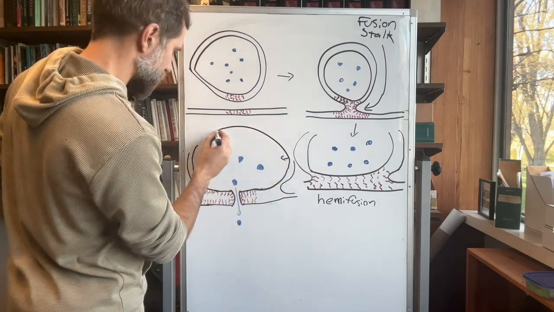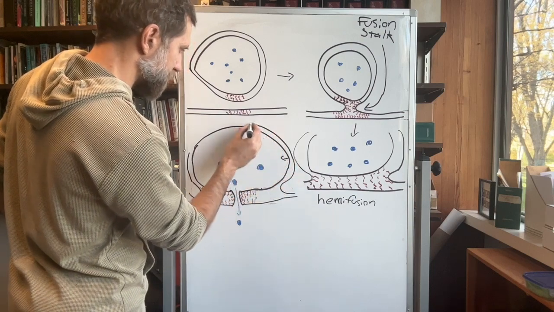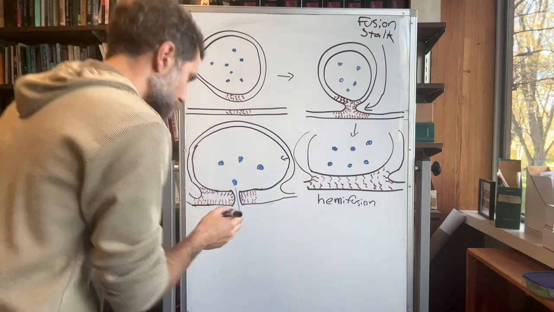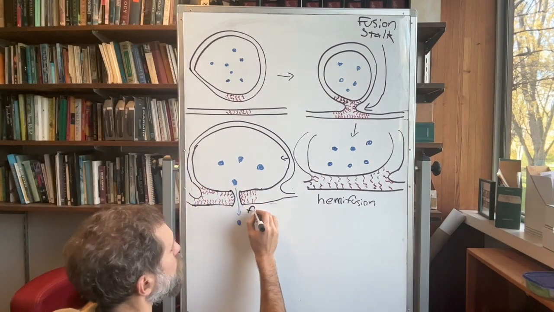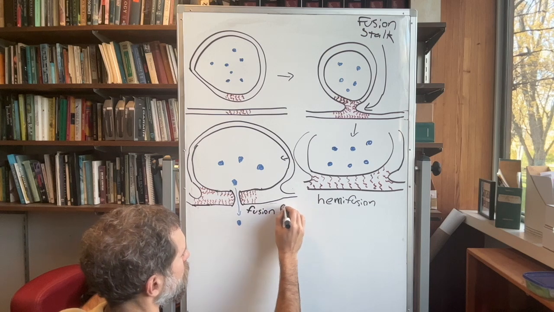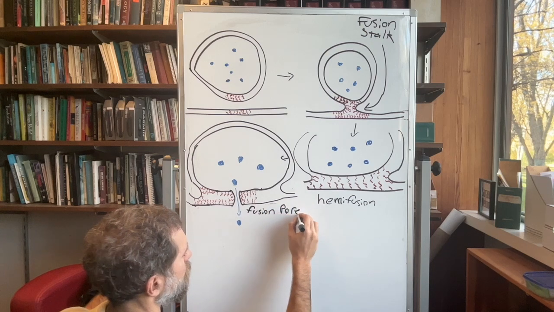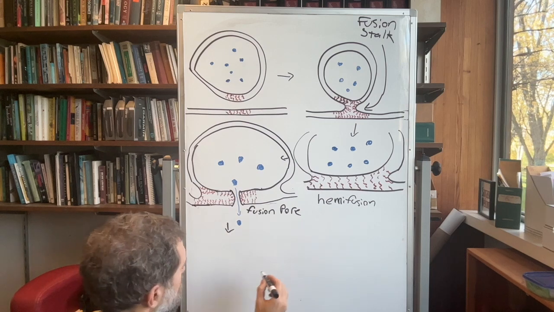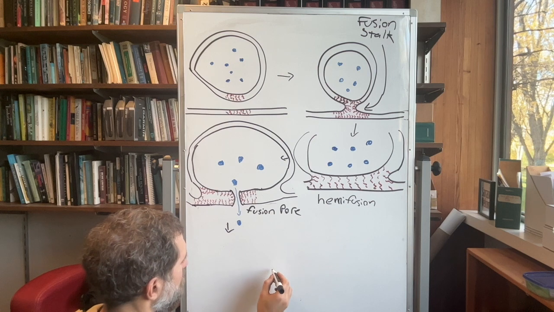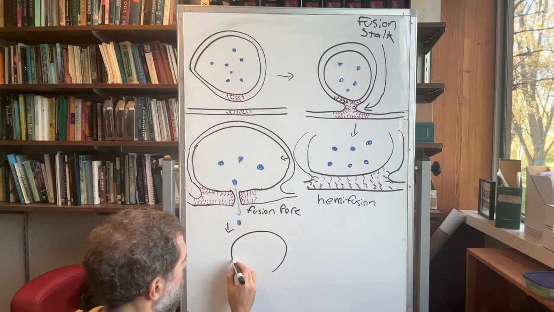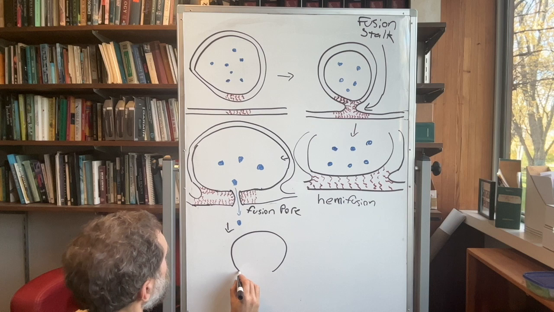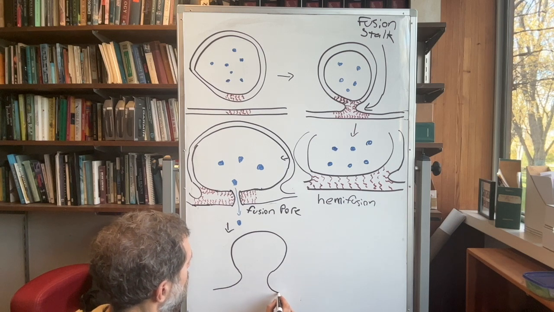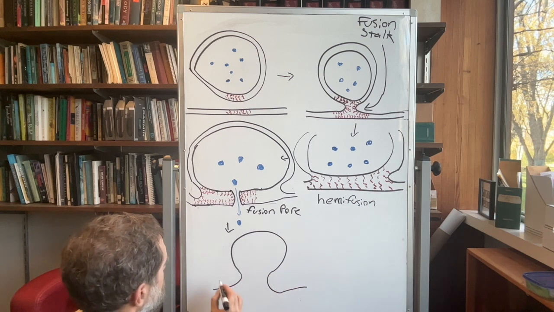All right, now this is our vesicle. I'll draw it completely here. So now this little pore opens, and this is called a fusion pore. And it just grows and gets bigger, and you end up with something that starts to look like this. I'm going to draw it a little bit smaller now.